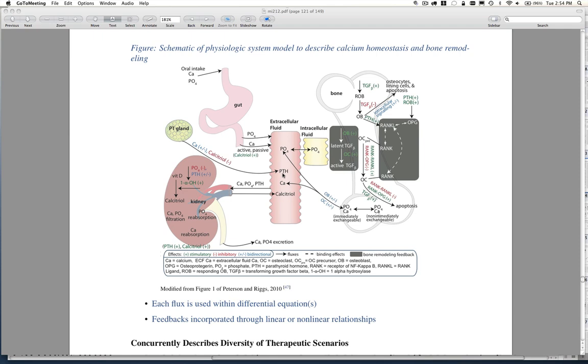At the same time, they would look at the amount of calcium coming in and out of the urine through catheterization, etc. So it seems complicated, but a lot of the data and even the mathematical expressions were already available to describe many of these components.